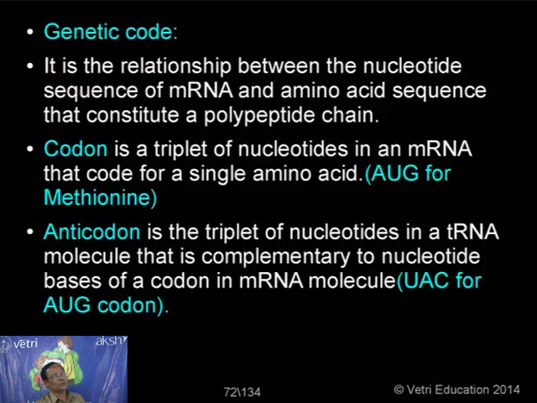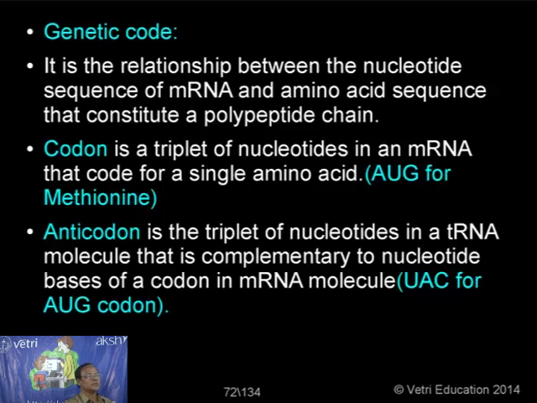Now what is the genetic code? Normally we have a relationship between what? The genetic code is the relationship between the nucleotides of the DNA, transcribed into RNA, and the amino acids. If you are taking the DNA, it is an indirect relationship between the DNA nucleotides and the amino acids of the polypeptide chain.